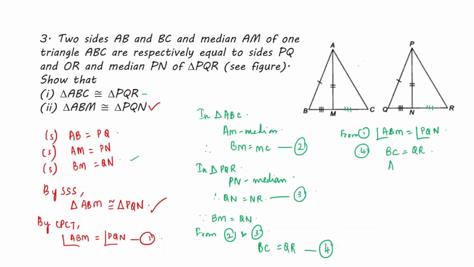Also, we do know that side AB is equal to side PQ, which is given in the question. Hence, angle, side, side. By SAS congruency rule, we could say that triangle ABC is congruent to triangle PQR. Hence proved.